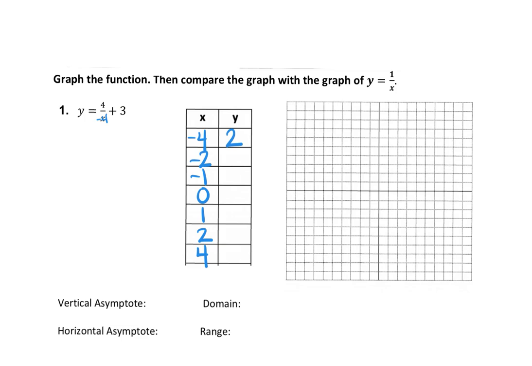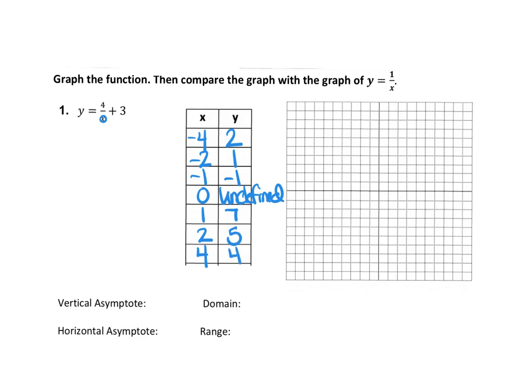I'm just going to give you these values because we're really just interested in what's happening on the graph. Now, when we get to 0 and plug it in, remember that you can't have 0 on the bottom of a fraction, so that is where our undefined is. And then we'll have 7 and 5 and 4.